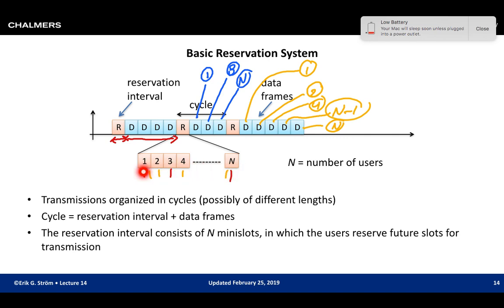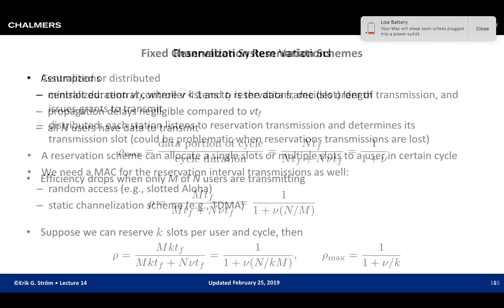In the sense that how do we organize this access of the mini slots to the users? So we need a MAC scheme for the reservation part in order to implement the MAC scheme for the blue part. Right? We use the medium to do coordination. As soon as we use the medium, we need a MAC scheme. Right? So what has actually been gained here?